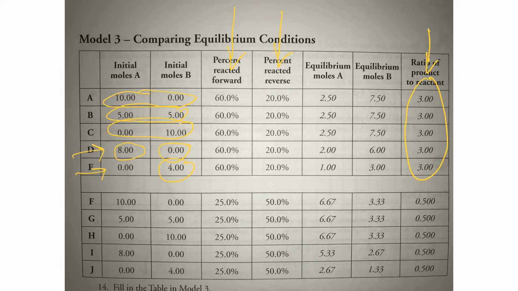For further proof, F through J was a totally different reaction with different percentages. In this reaction, we ended up with 6 different moles of products than reactants, but the ratio of these was always 0.50.